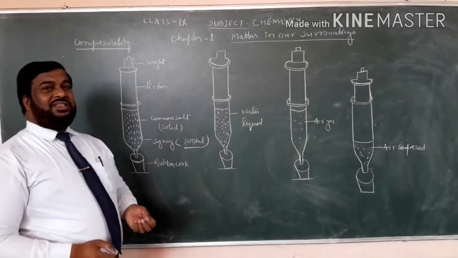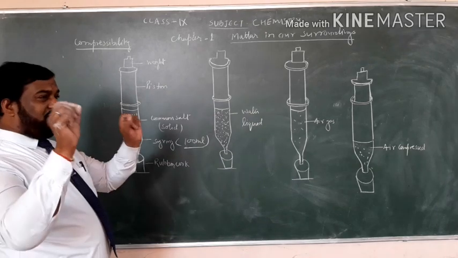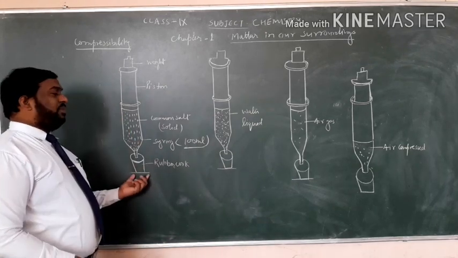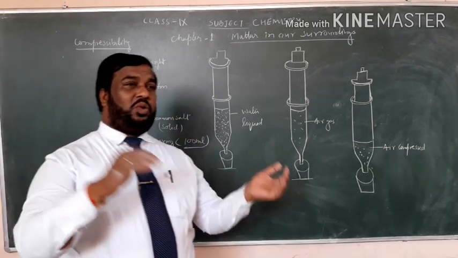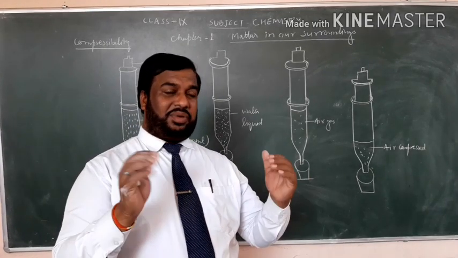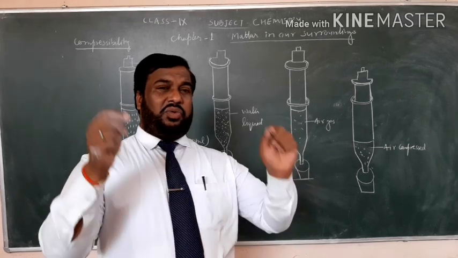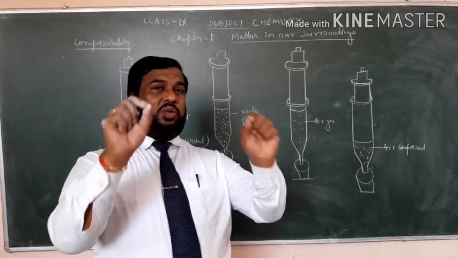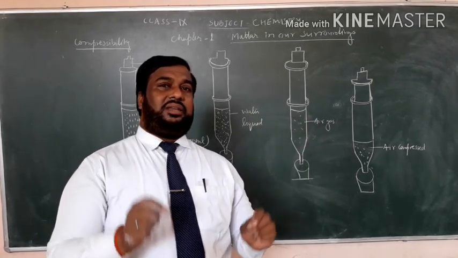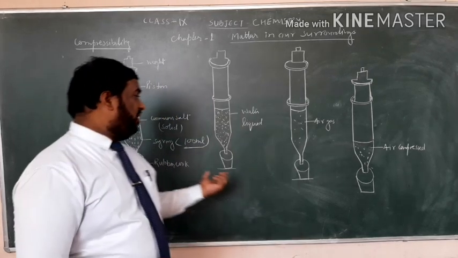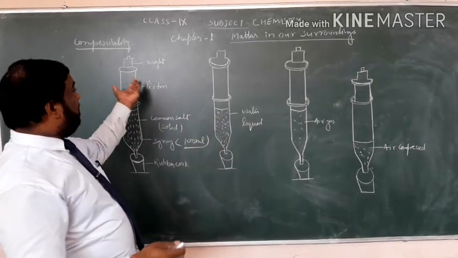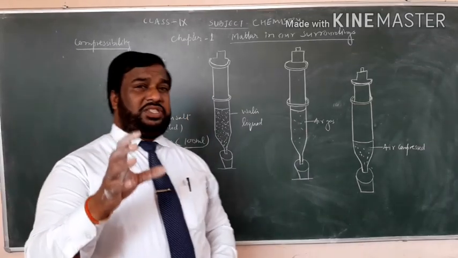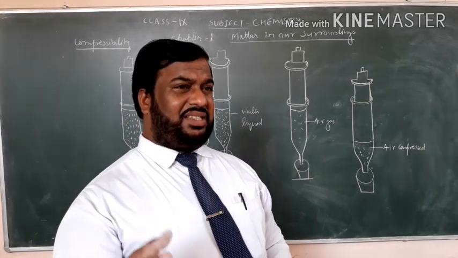Now each syringe is inserted into a rubber cork so there will be no leakage of air or liquid. That means we insert the nozzle of the syringe into a rubber cork. Next we remove the piston of each syringe.